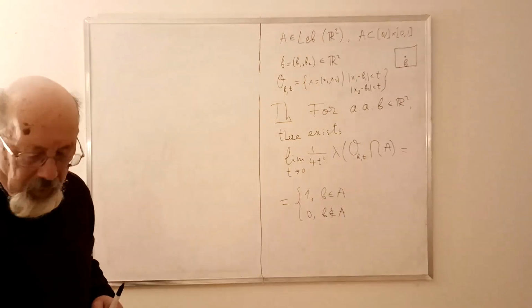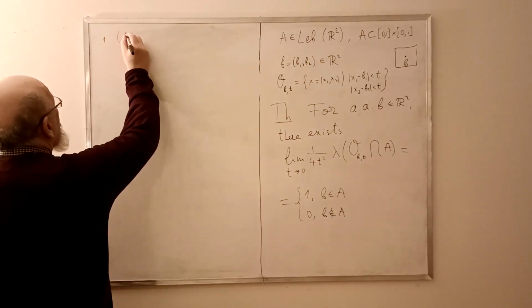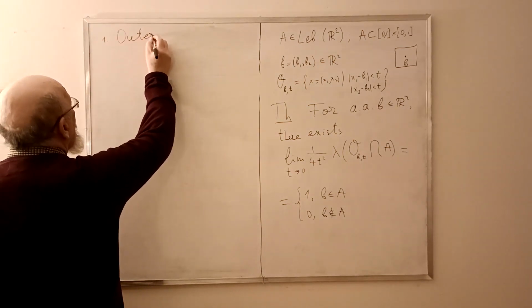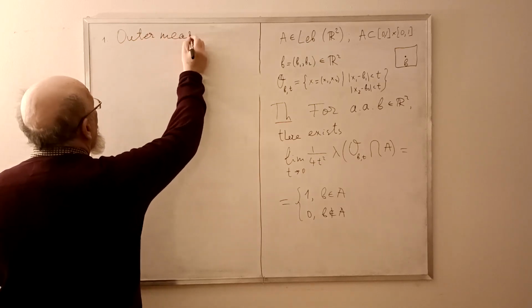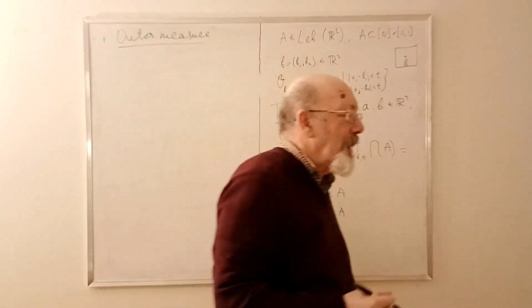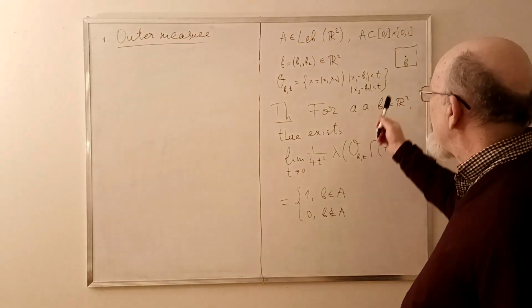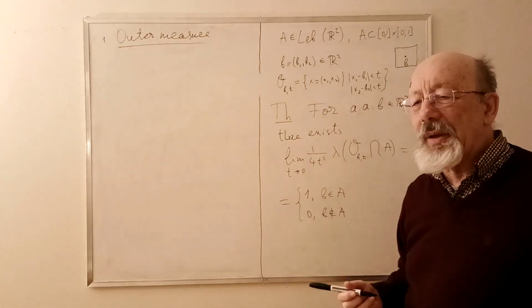First of all, outer measure. How is the outer measure of a set defined if the set is a measurable set in the square?